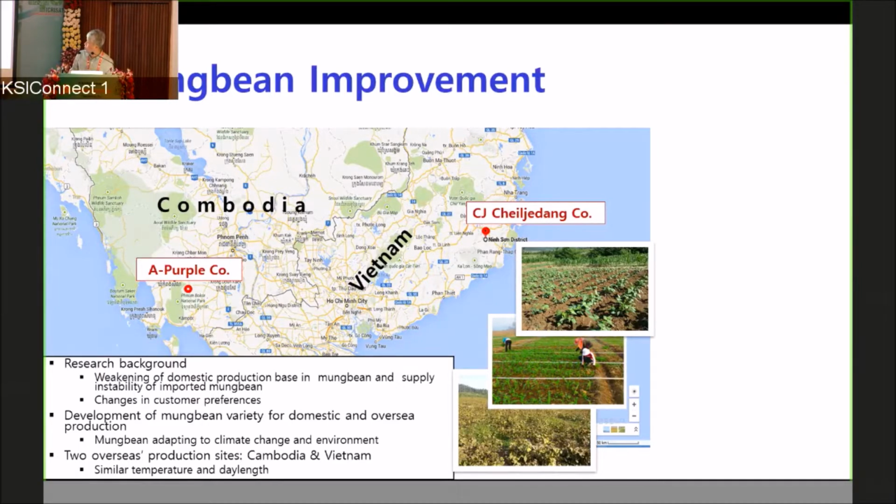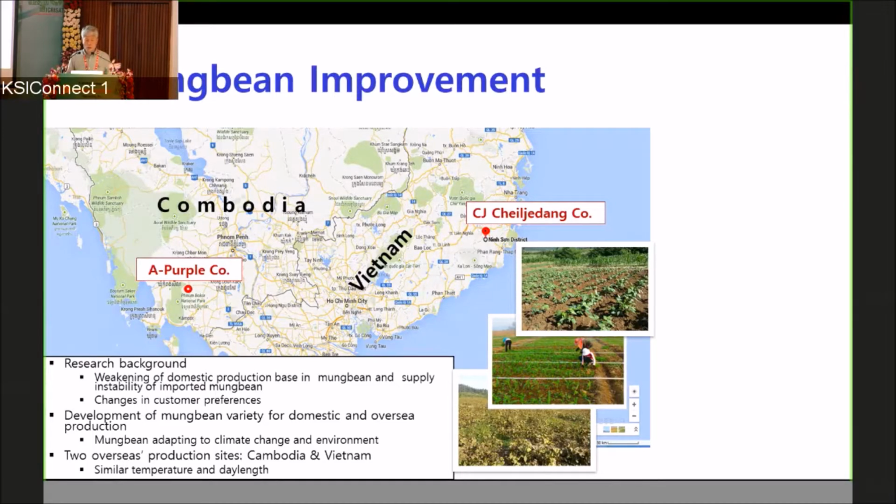The benefit here is that you can grow mungbean 3 times a year because there is no winter, so you can advance generations very easily in Cambodia and Vietnam. However, there is some seasonal variation.